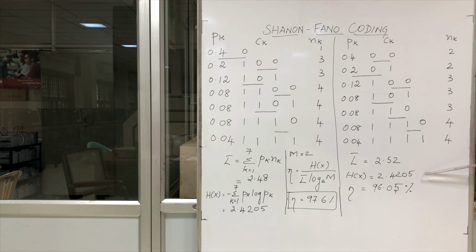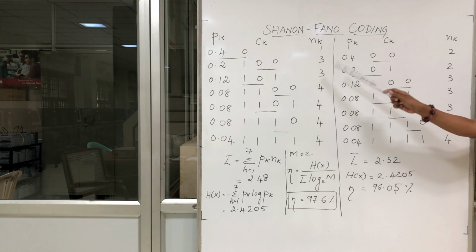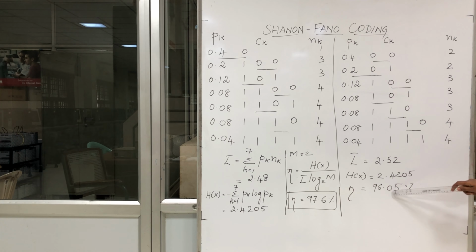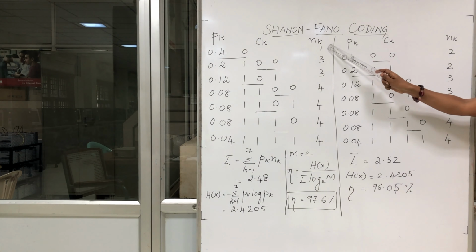So when we compare these two methods for the same Shannon-Fano coding procedure, the efficiency obtained by method 1 is higher when compared to the efficiency obtained by method 2, for a very simple reason. The highest probability message should be assigned the shortest code word.